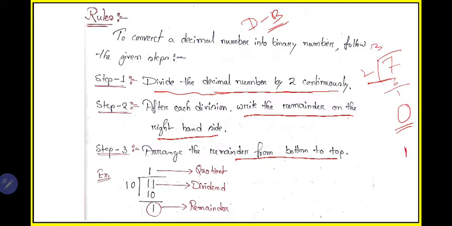So write this remainder on the right side. Then next you have 3, dividing 3 by 2, 2 ones are 2, remainder will be 1. So write this remainder on the right side. Then how will we read these remainders? From bottom to top.